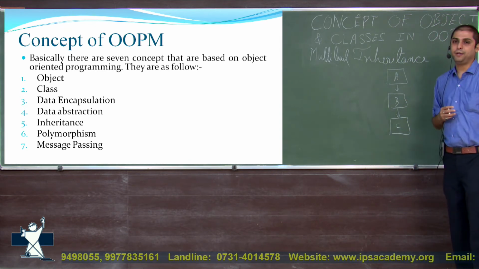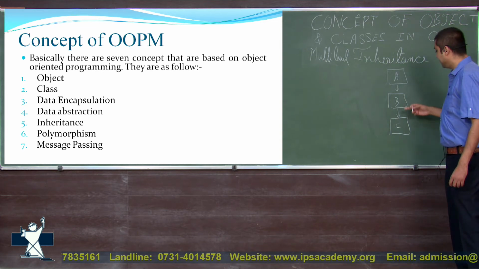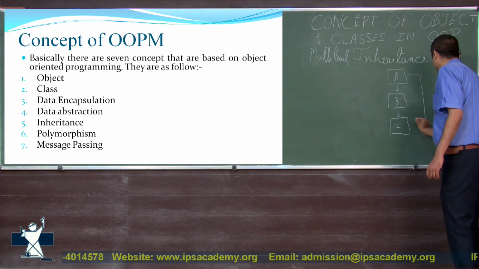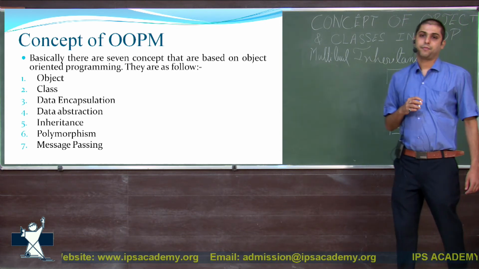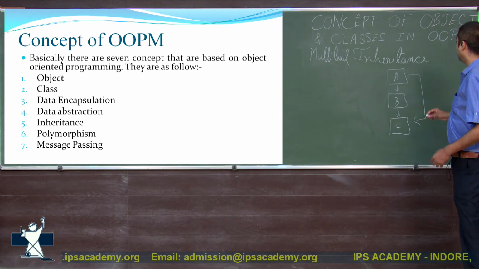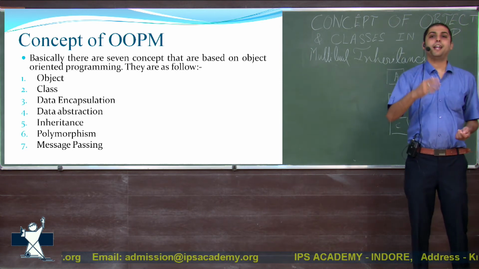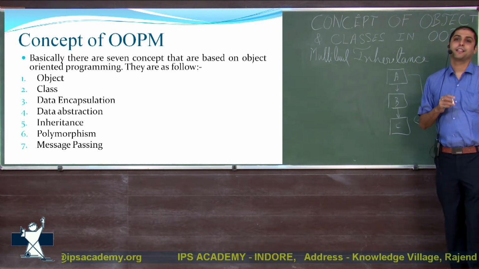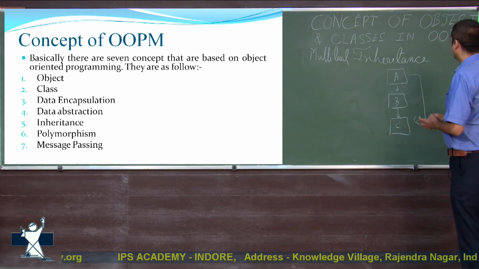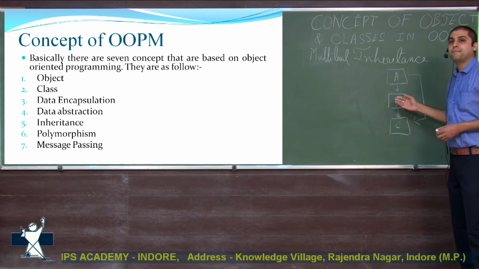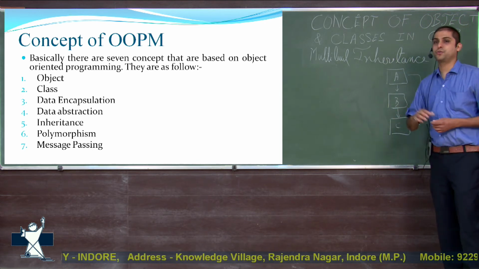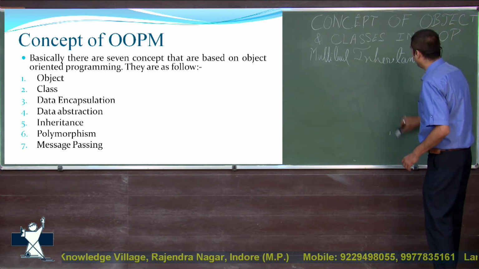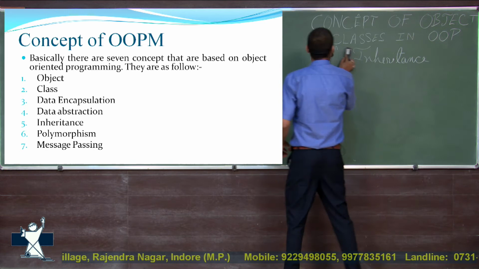A is the base class of B. Simultaneously, B is the base class of C. So, indirectly, A is a base class of C. Can we say that A is directly a base class of C? No, we cannot say this. If it is a private inheritance, then the public members of A become the private members of B, so they cannot be accessed by C. So multi-level inheritance is given to secure the levels.